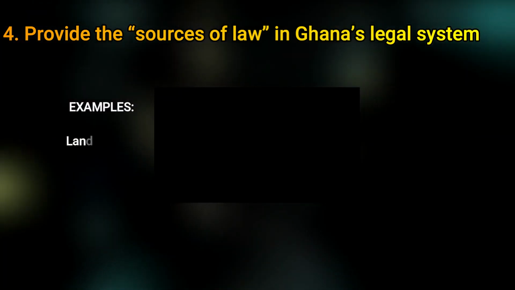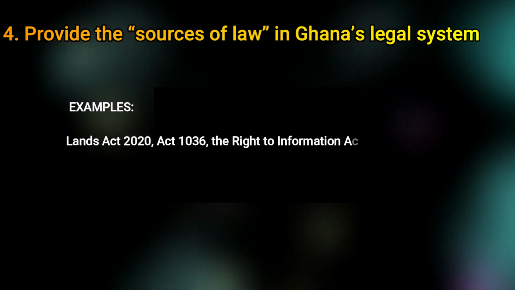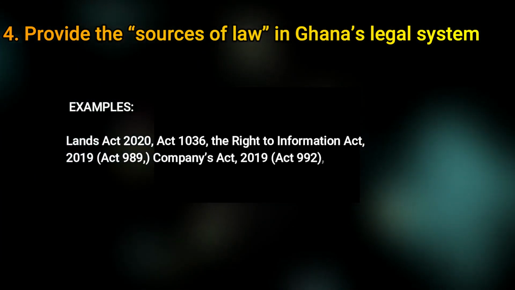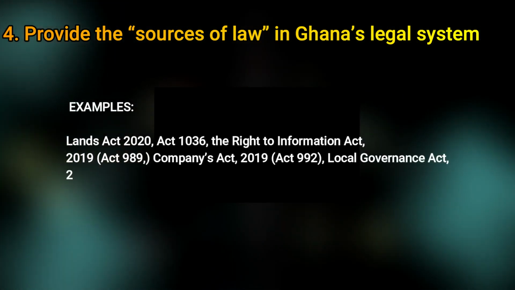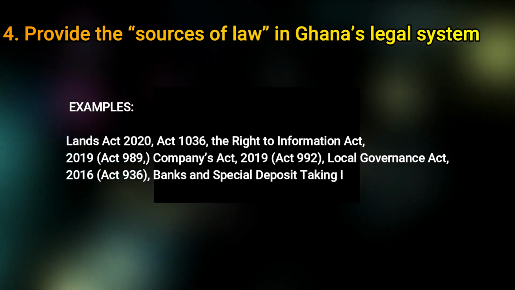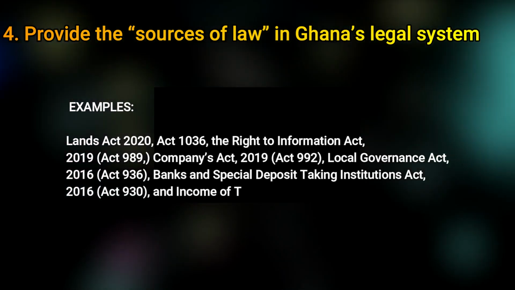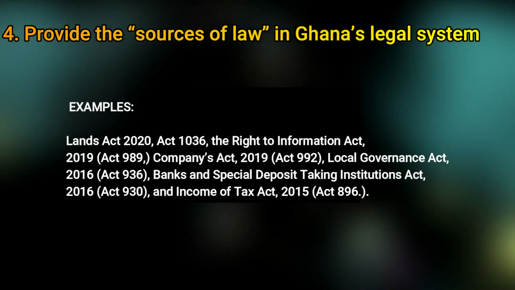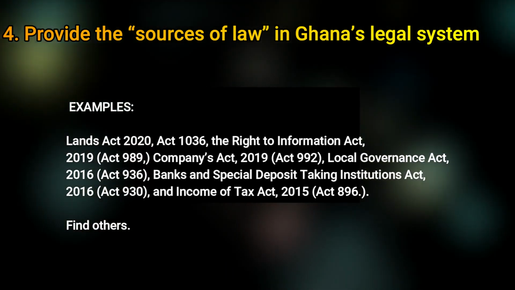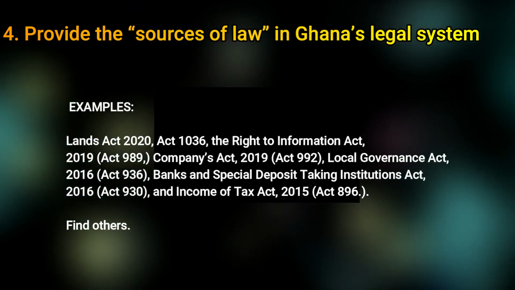Some examples of Acts of Parliament are the Lands Act 2020, Act 1036, the Right to Information Act 2019, Act 989, the Companies Act 2019, Act 992, the Local Governance Act 2016, Act 936, Banks and Special Deposit-Taking Institutions Act 2016, Act 930, and Income Tax Act 2015, Act 896. Please do well to find other Acts of Parliament.